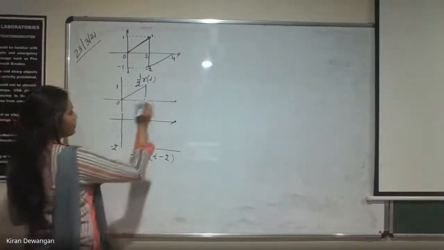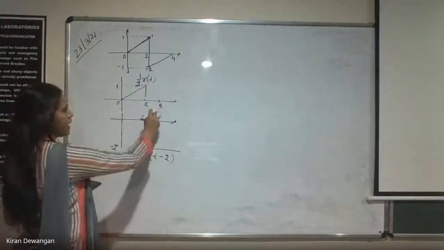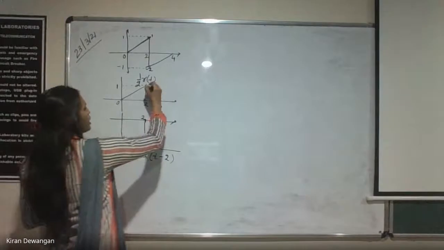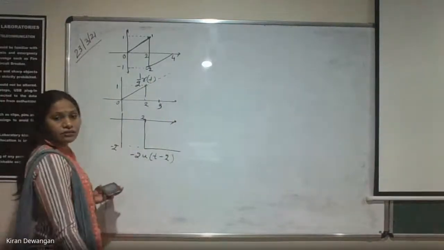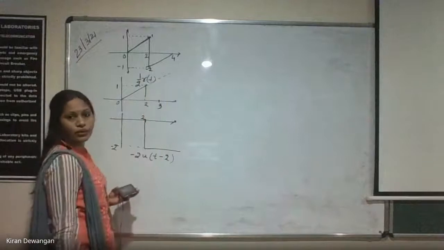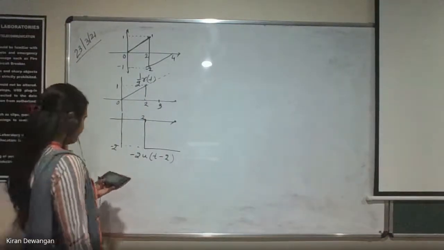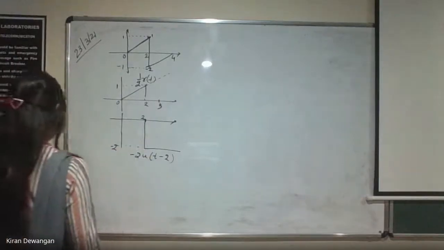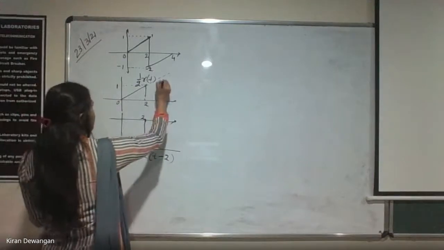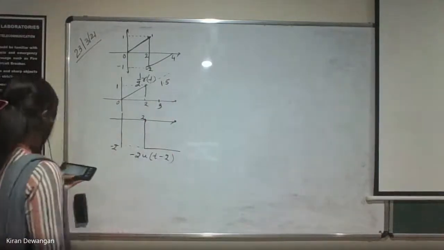Clear? Now if we check at point 3, that is at t equals 3, what would be the value of 1 by 2 r(t)? At 3, what will be the value of 1 by 2 r(t)? At 3, it will be 1.5.